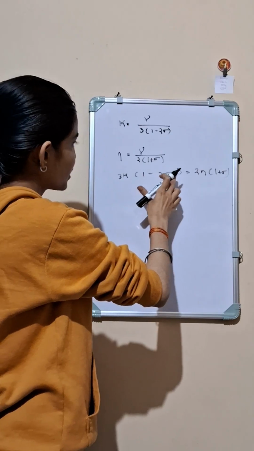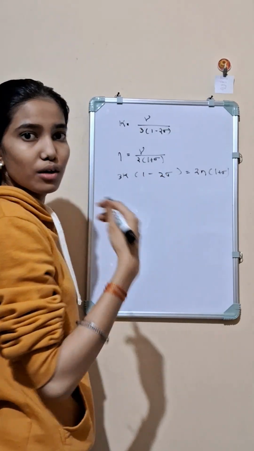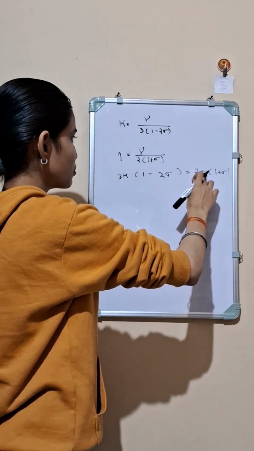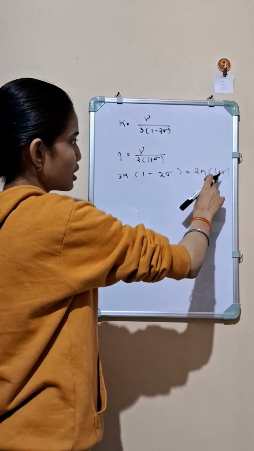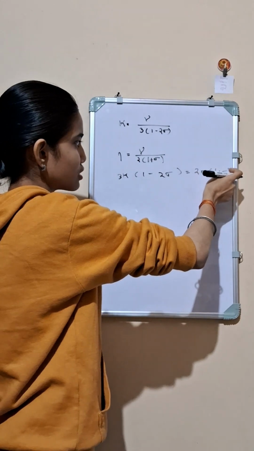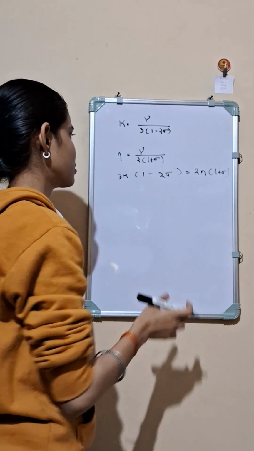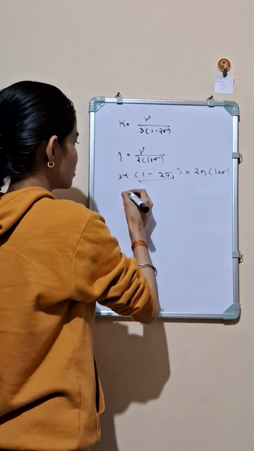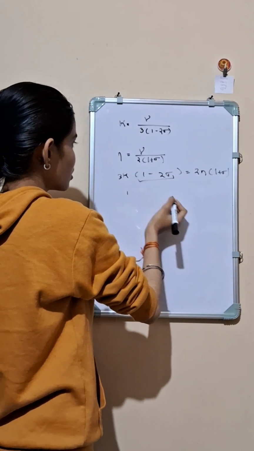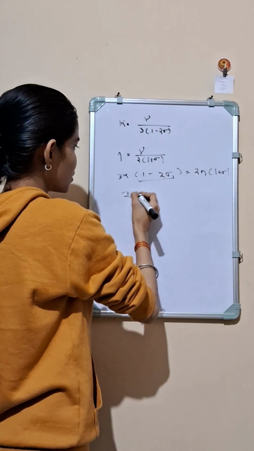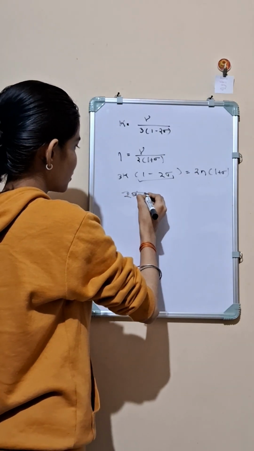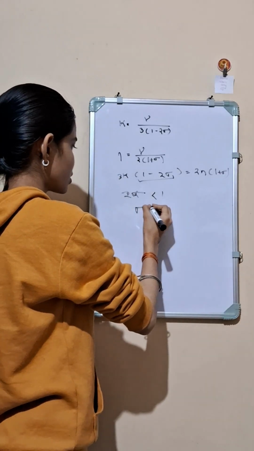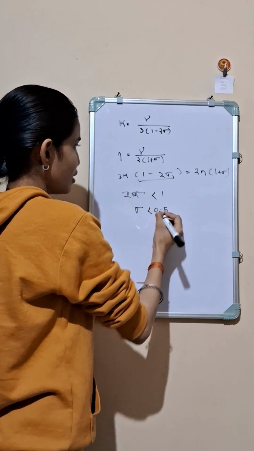If I take sigma to be positive, then the right term will obviously be positive because eta is positive, 2 is positive, and 1 plus something will also be positive. Here 3k is positive, but 1 minus 2 sigma needs to be positive too, so 2 sigma should be less than 1. So sigma should be less than 0.5.